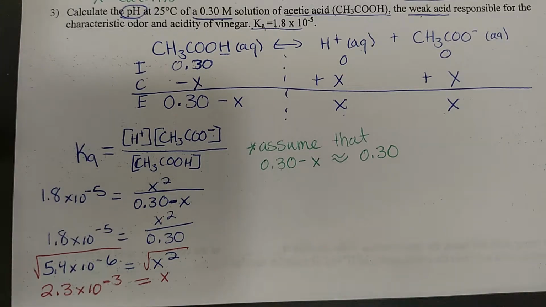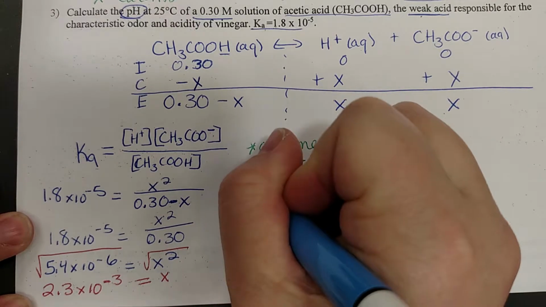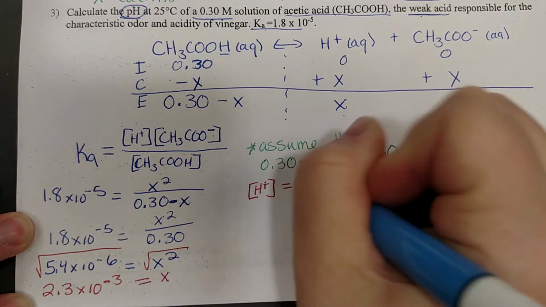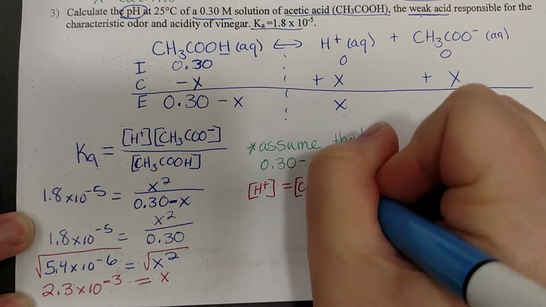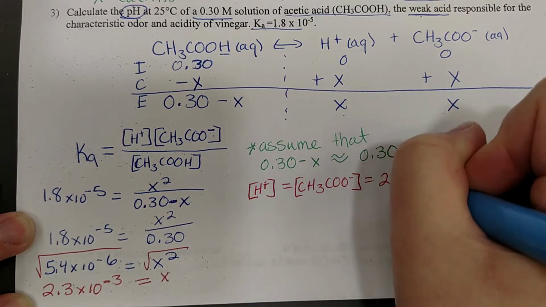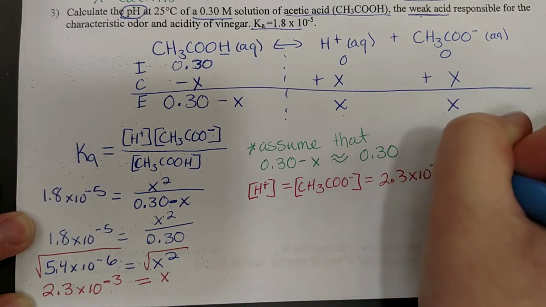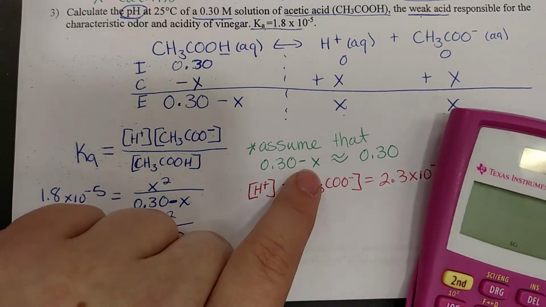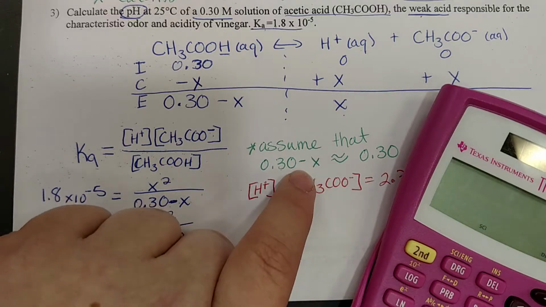Now, of course, as usual, we're not done. We want to state that our hydrogen ion concentration and our acetate ion concentration are both 2.3 times 10 to the negative third molar. I'm going to show you guys what that looks like if we were to plug that into here as our x.